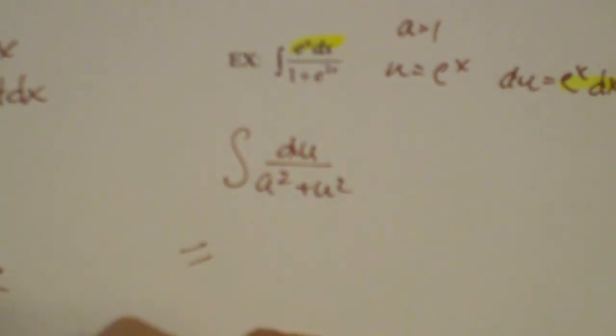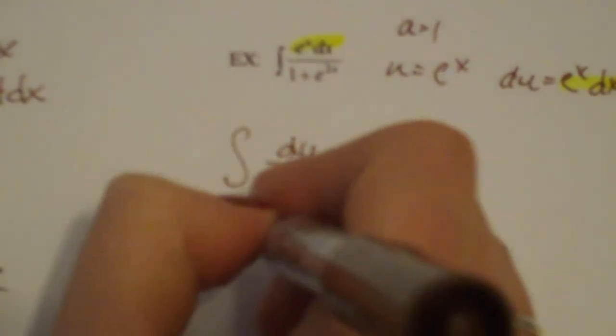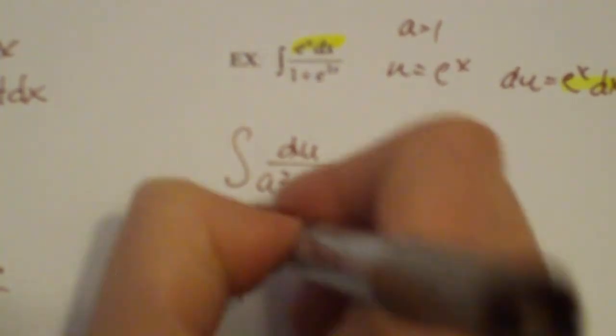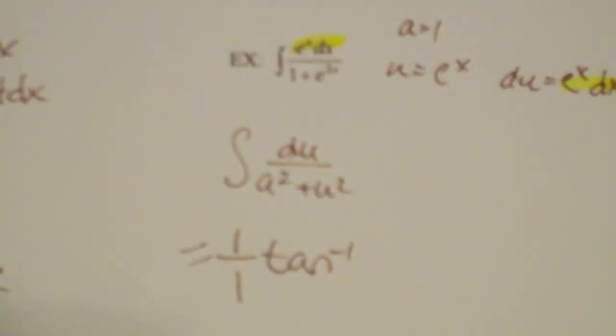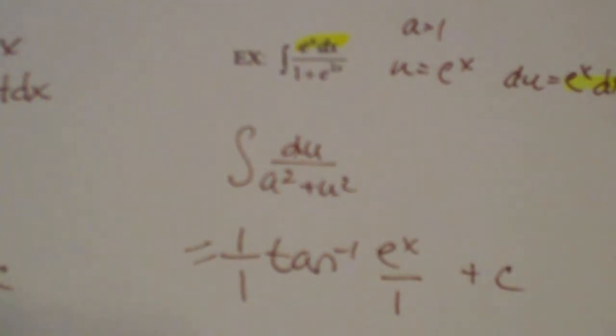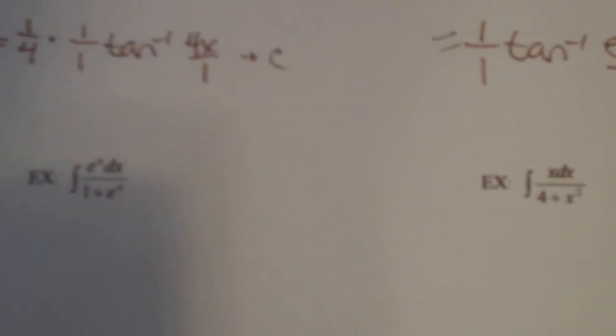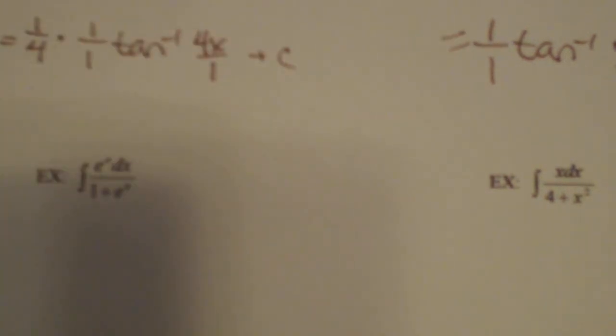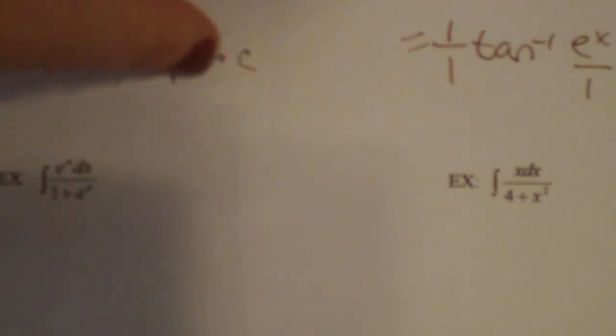Therefore, my answer is 1 over a inverse tan u over a plus c. Final answer, okay? Now, if you look at the next example, it's almost identical, okay? We just did a problem where the denominator is 1 plus e to the 2x, and now I'm doing a problem where the denominator is 1 plus e to the x.